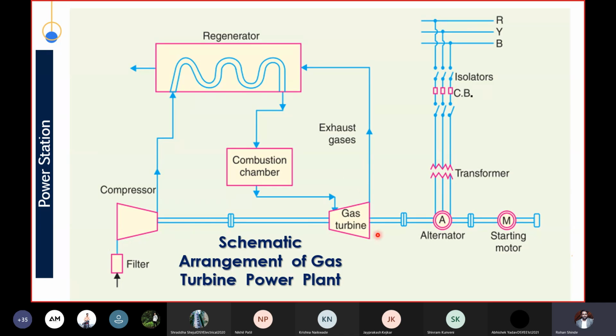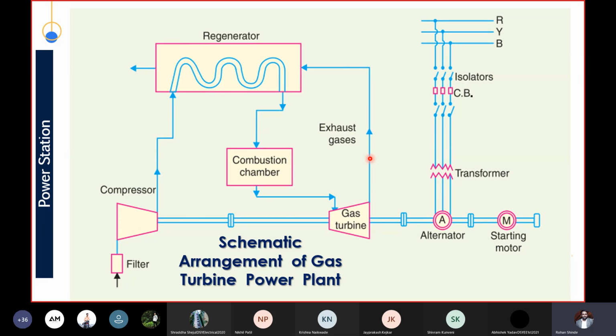The turbine starts rotating, and due to this rotation the alternator starts rotating and produces electrical energy. Now this used air will be moved towards this exhaust pipe.